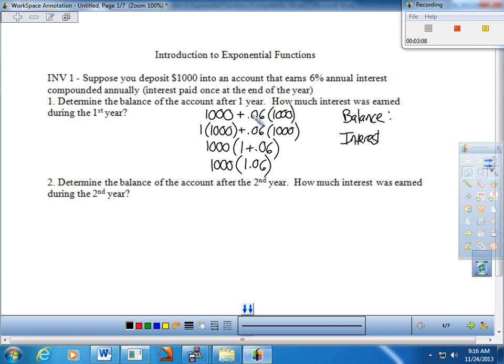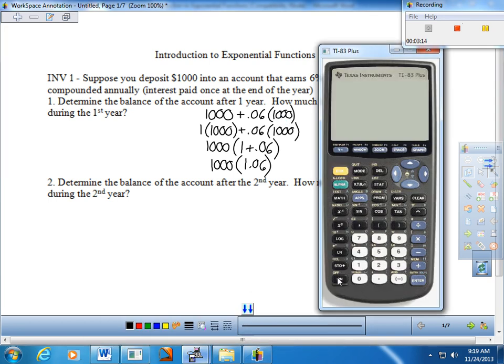Let's see what we've got going on. If I do the 1,000 plus 0.06 times 1,000, let's go ahead and bring the calculator up and pull that off. Here's my 1,000, 0.06 times the 1,000. And of course I get that right there. There's my balance. And again, just wanted to show you that, of course, this is the calculation I'd prefer us to do.